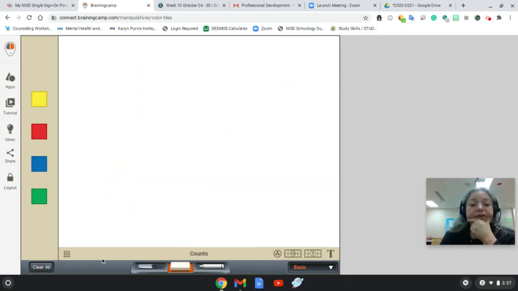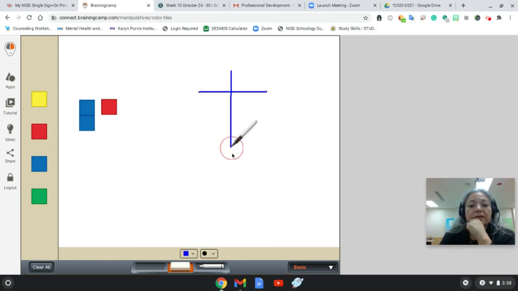So today what you're going to be doing, you are going to have different shapes and different colors. With the different shapes and colors, all you have to do is write the original ratio. So if I give you 2 to 1, that's going to be 2 blue to 1 red.